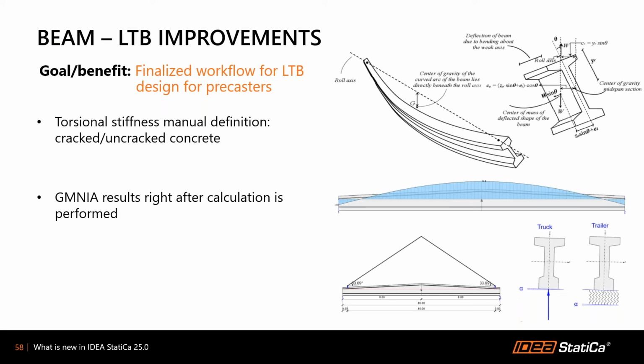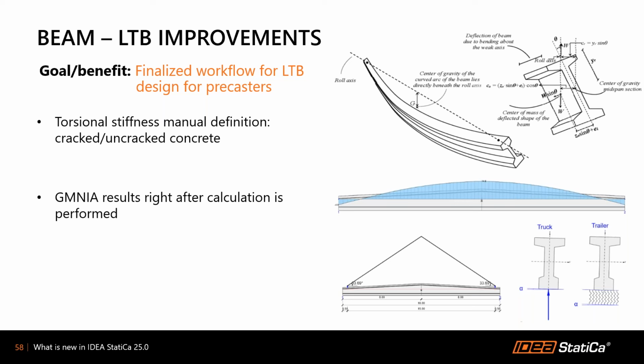And what we added is a manual torsional stiffness definition. It means that you as a user are able to insert the cracked or uncracked concrete torsional stiffness, because it affects, of course, the deflections and the final results.